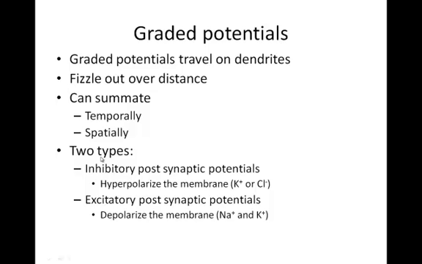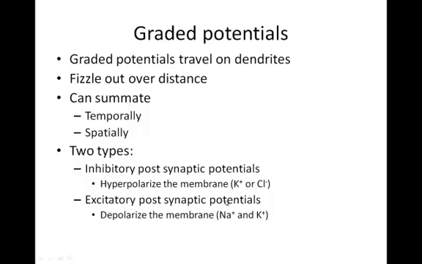Now we have two types of graded potentials: inhibitory postsynaptic potentials and excitatory postsynaptic potentials. Inhibitory potentials, just as they sound, hyperpolarize the membrane. They drive us further away from threshold and prevent us from causing an action potential at the axon hillock.